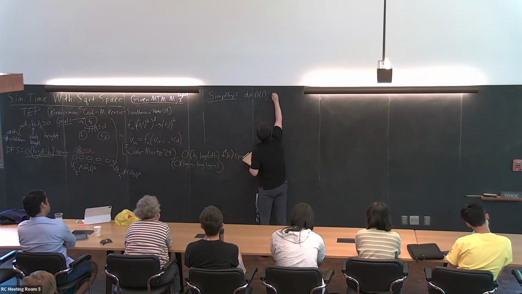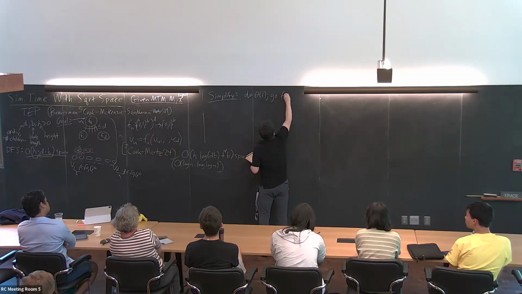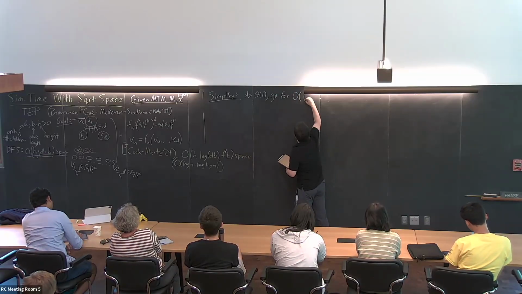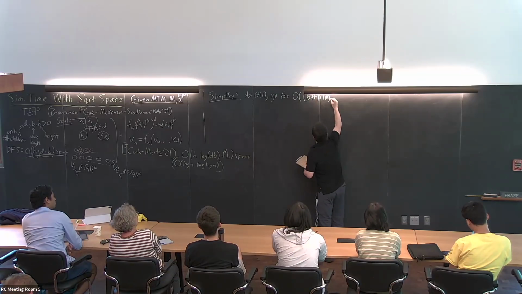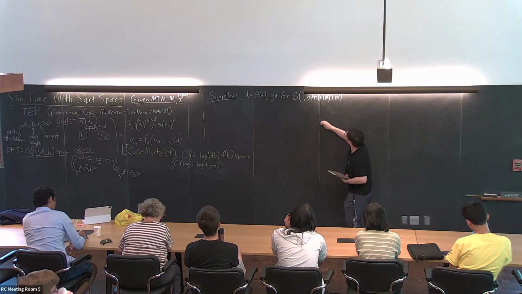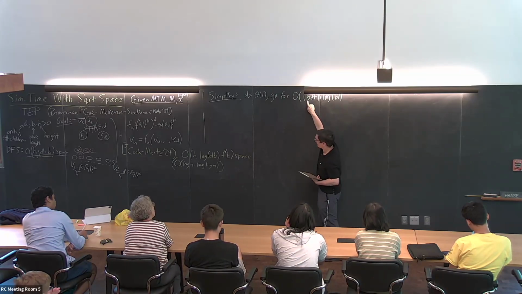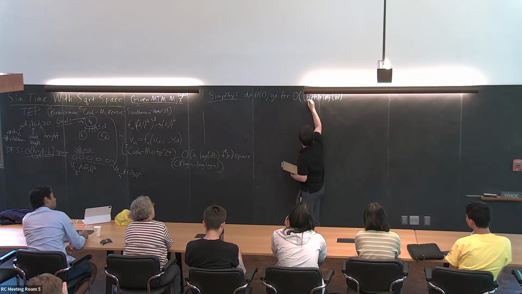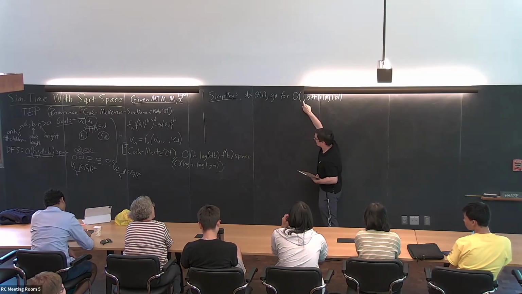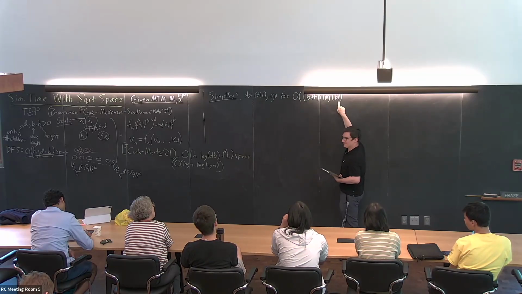I'll go for something slightly weaker, and I will sketch how to do better at the end. So instead of getting a pure d times B, thinking of d as constant so I'm leaving it out, I'm going to get B times log B.